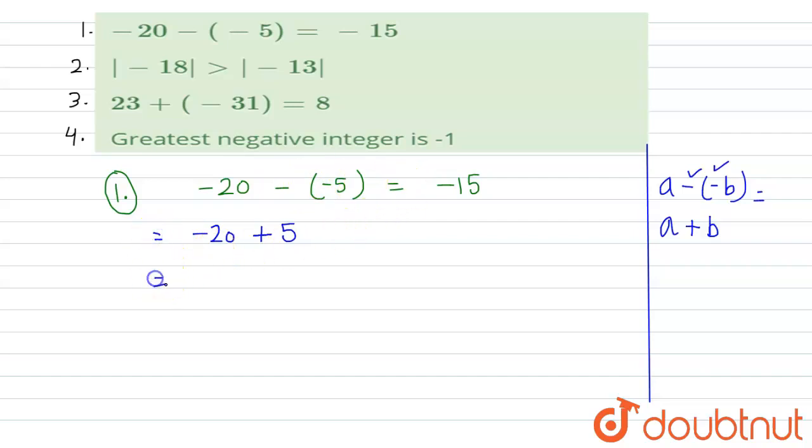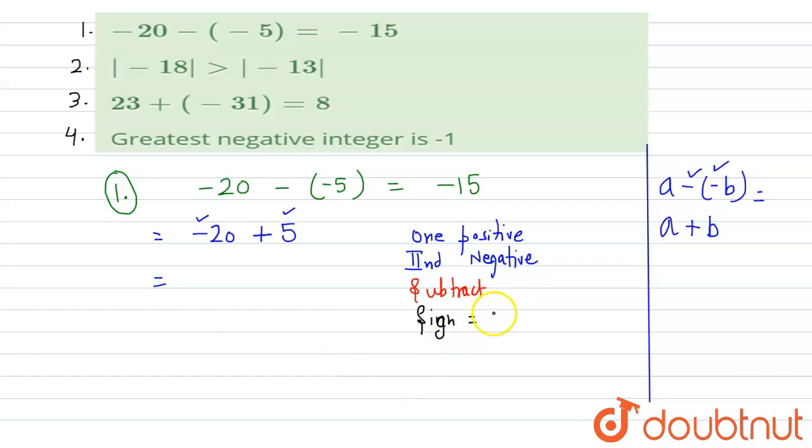Now one number is negative and the other is positive, so we have to subtract, and the sign will be that of the number with the larger face value.